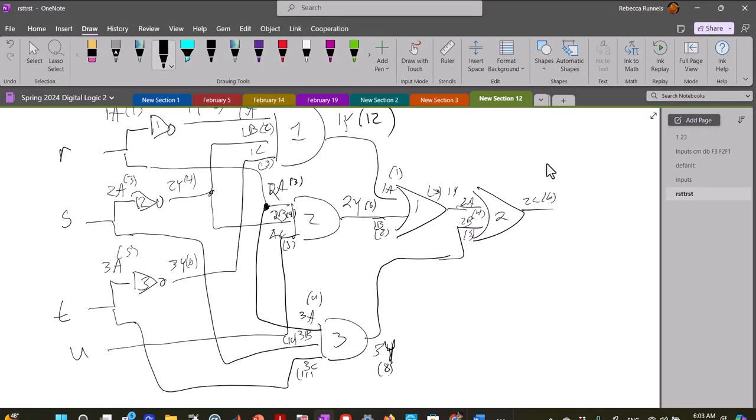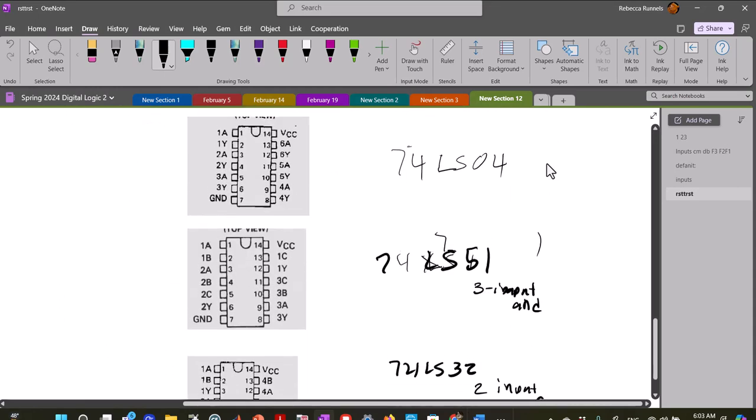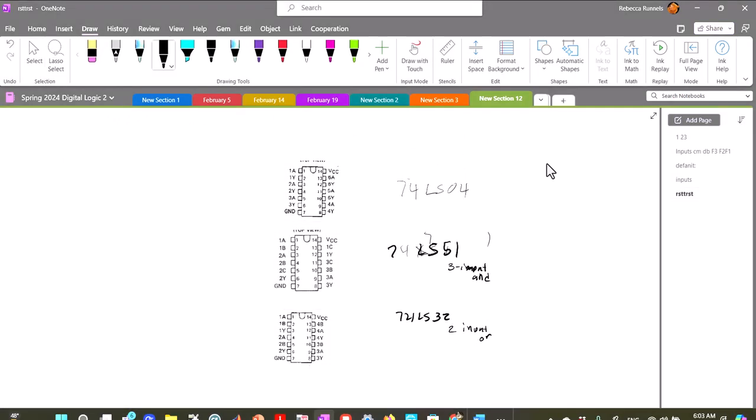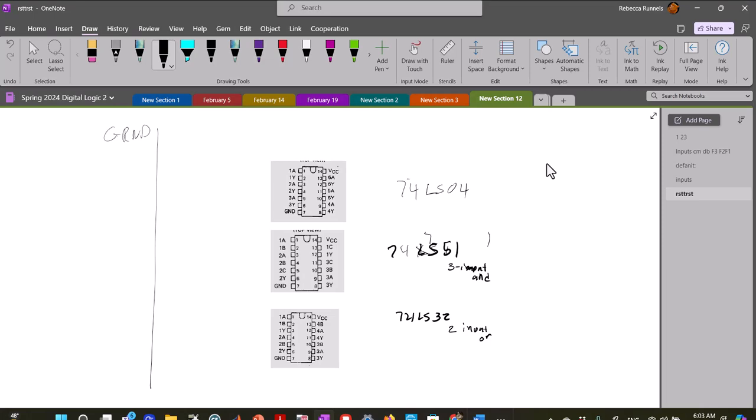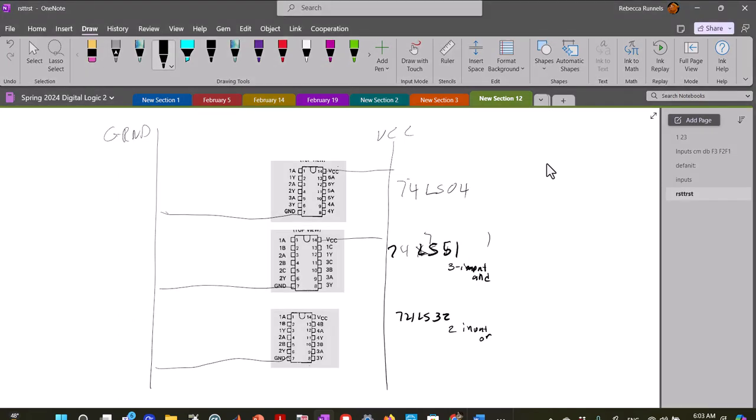Okay, so that would be the circuit using basic gates, and then to map it like this. You have your ground going to each of those, so ground going to pin 7 on each of them, and VCC going to pin 14 on each of them.